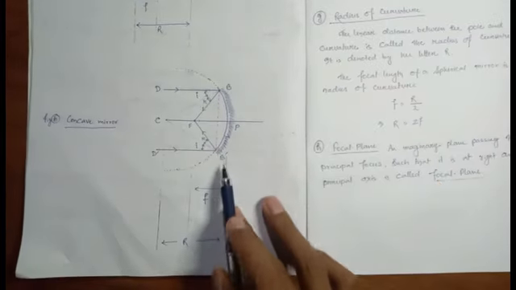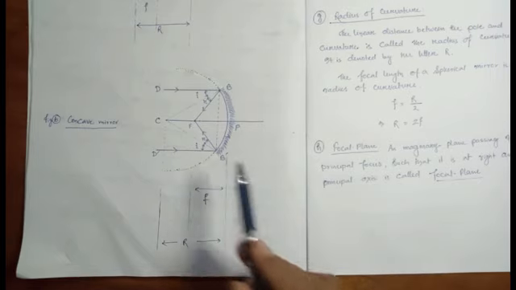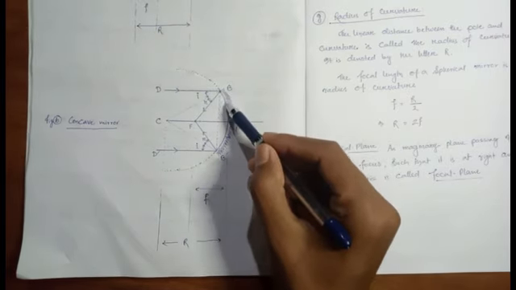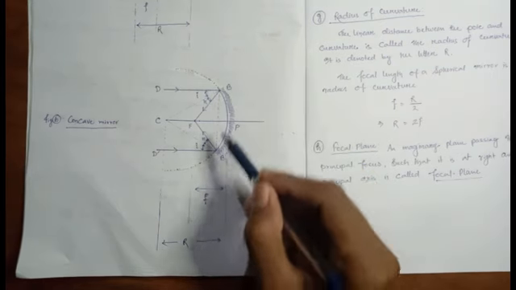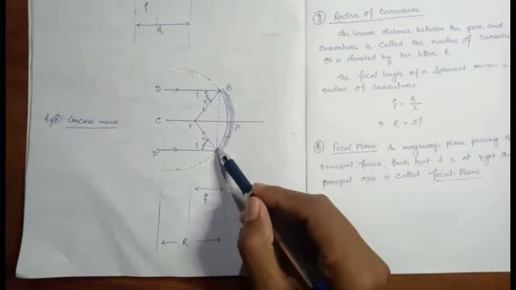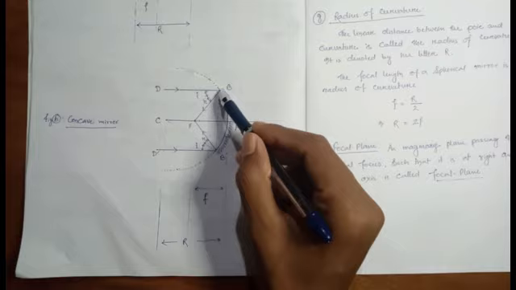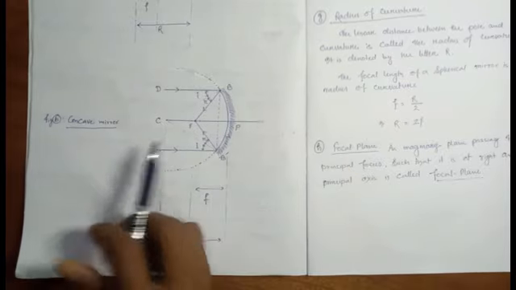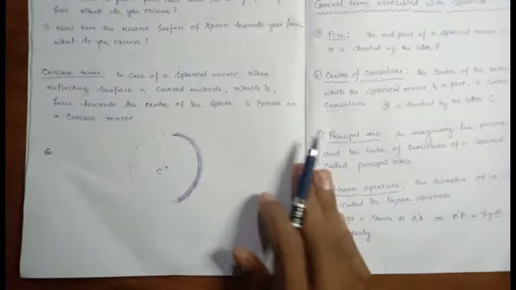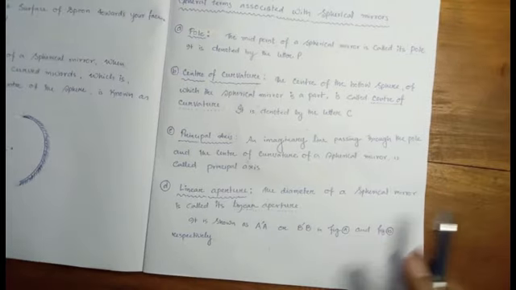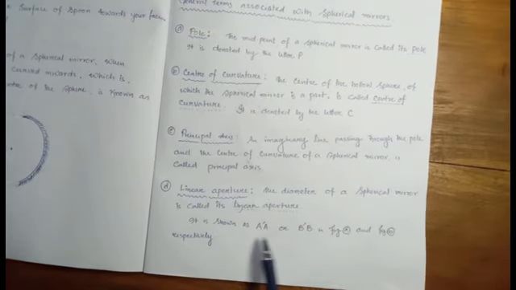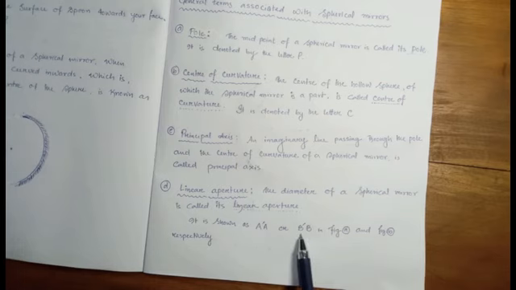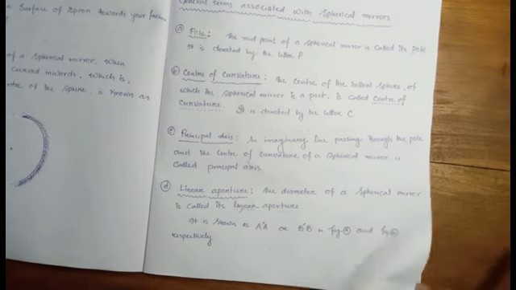And in this figure, this is a concave mirror, this is your reflecting surface. So from point B to B dash, this line I have drawn, this is your linear aperture. The diameter of your reflecting surface or spherical mirror is called linear aperture. So in figure A, A dash A, and in figure B, B dash B is the linear aperture.